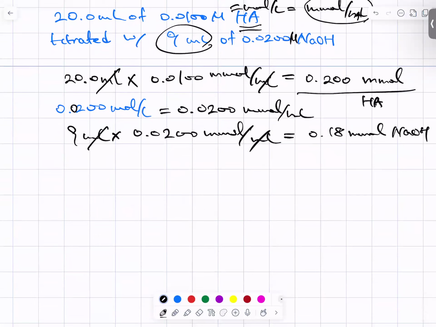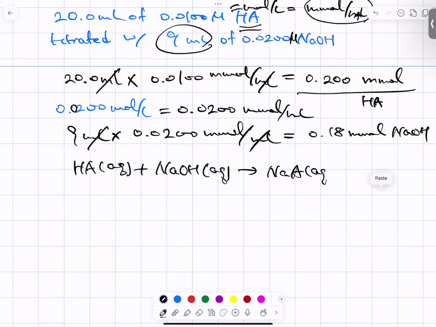Okay. Then let's set up a stoichiometric table. This is not an ice table, stoichiometric table. So salicylic acid, let me write it as HA. It is reacting with sodium hydroxide and consumed. It is forming water, salt and water.